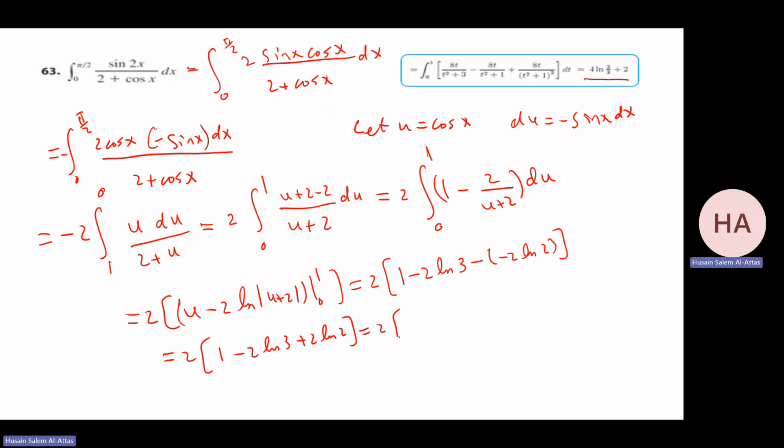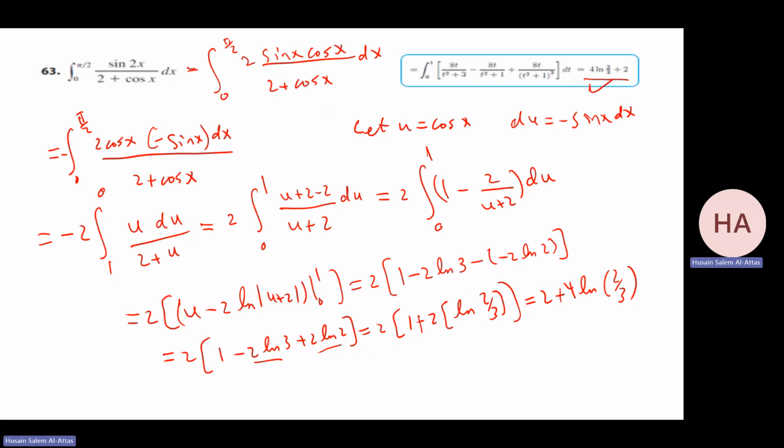That will be 2 times 1 minus 2 ln of 3 over 2. That gives me 2 minus 4 ln, then minus. No, this is plus, sorry. Yeah, I take this over this. So it will be plus 4 ln of 2 over 3, which is this one.